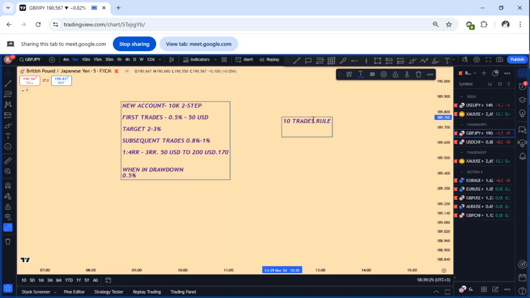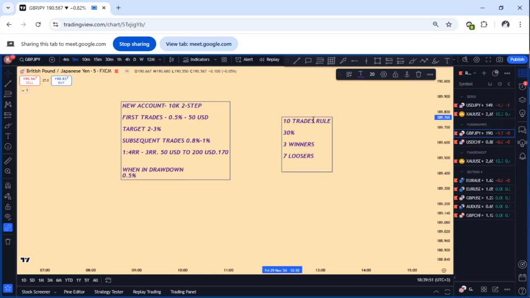So you take 10 trades in a row, and you check your percentage win rate. Now let's say that you have a 30% win rate with this strategy. With a 30% win rate, it means that you are only likely to have 3 winners and 7 losers.